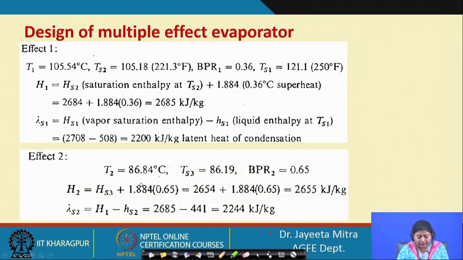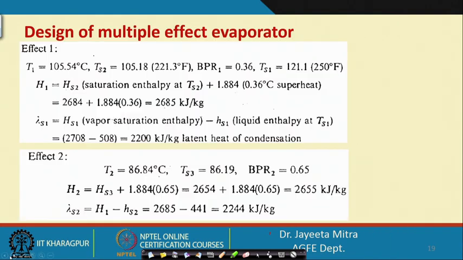For effect 2 we are getting 86.84, that is T2, Ts3 is 86.19, and the boiling point rise is 0.65. So, H2, the enthalpy, will be the saturation enthalpy plus, because of the boiling point rise, 1.884 into 0.65.